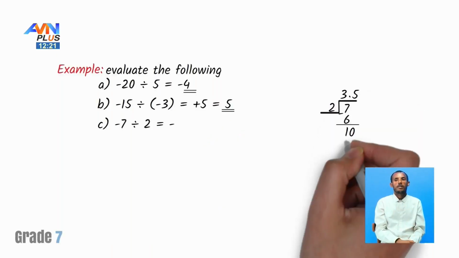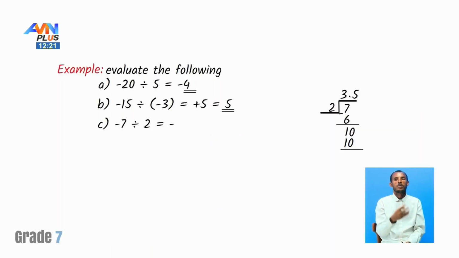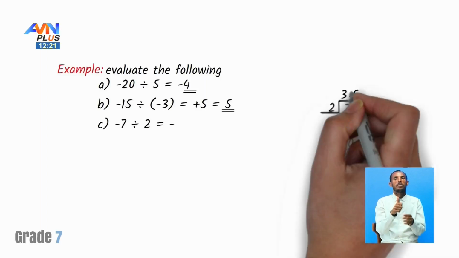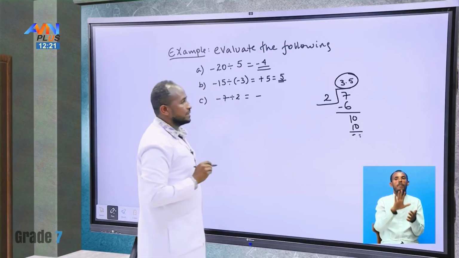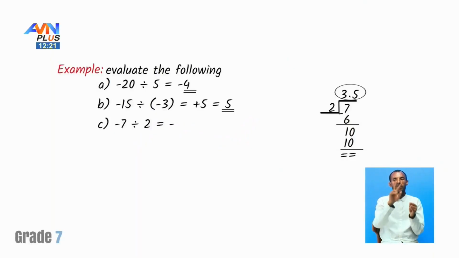Therefore 5 times 2 is 10. The answer will be 3.5. So negative 7 divided by 2 gives us negative 3.5.